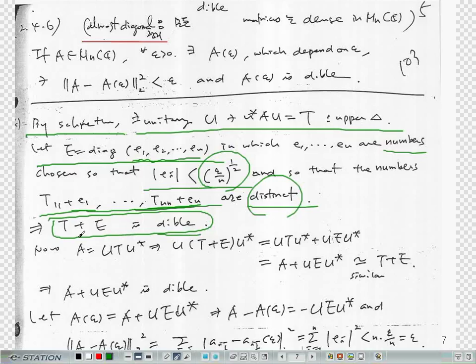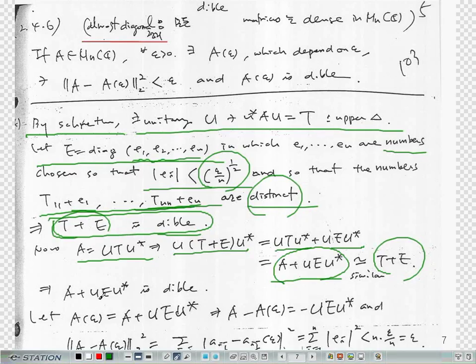Since T plus E is diagonalizable and A is equal to U T U star, U times T plus E times U star can be written in this way. This is similar to T plus E. So we can tell this matrix is diagonalizable.